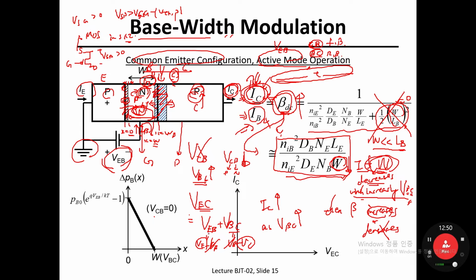But in the common emitter configuration, V sub EB is constant. In other words, for a given value of V sub EB, depending on VBC, your VEC would be determined, which is very similar to the PMOSFET in saturation mode.